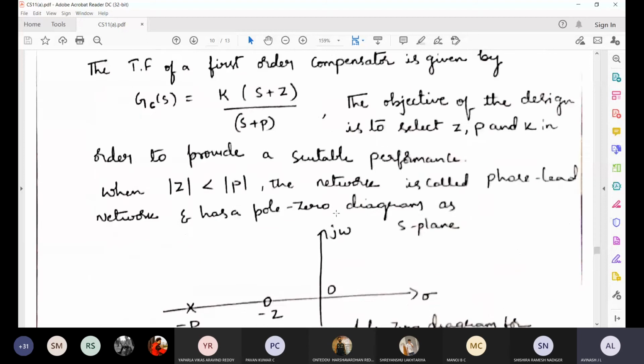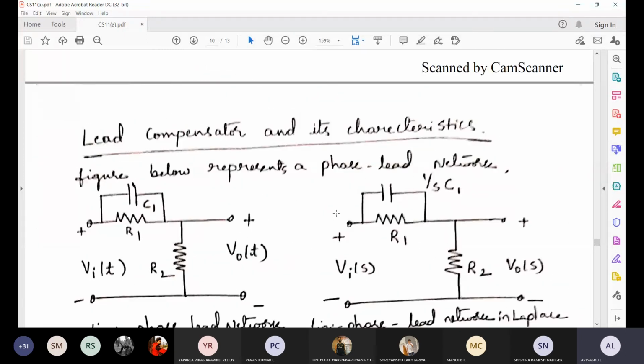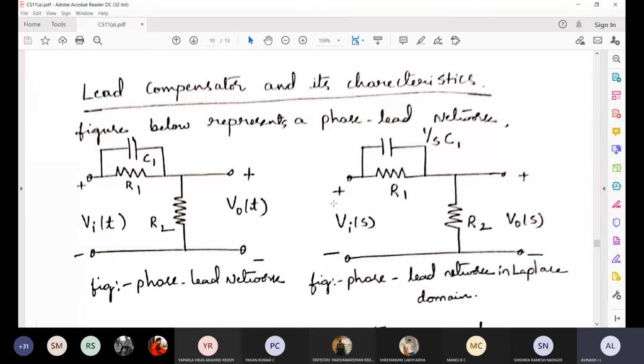So this is about our lead compensator network. Similarly, I will give you today's homework. Write or understand and explain the lag network and lead-lag network.